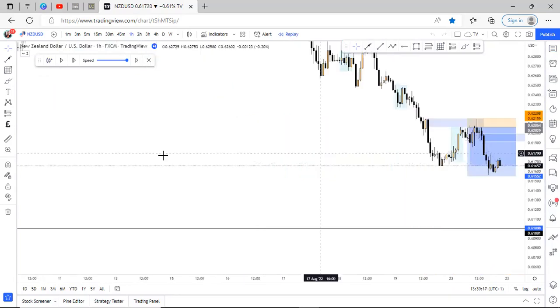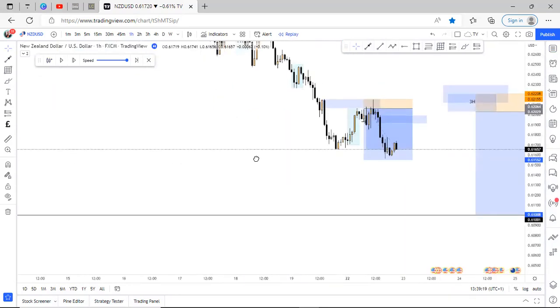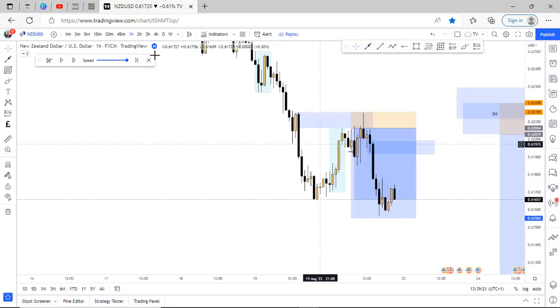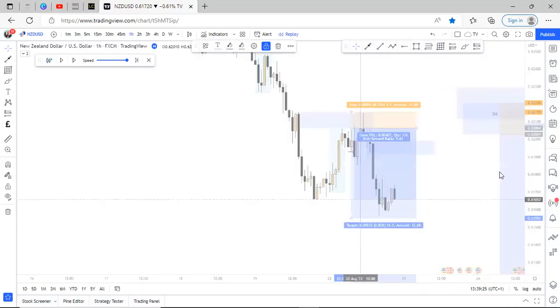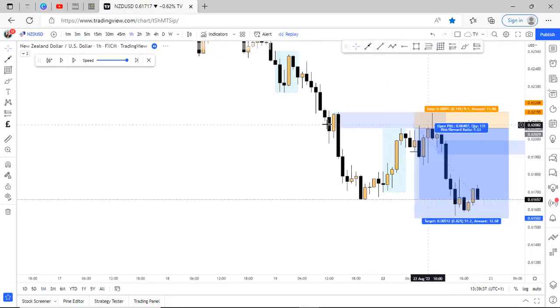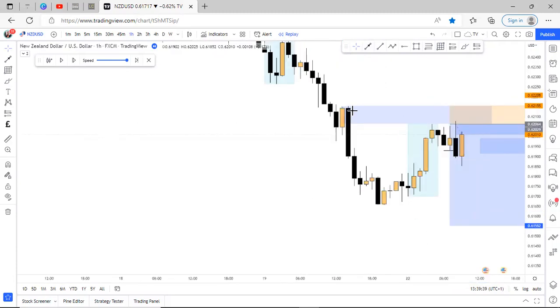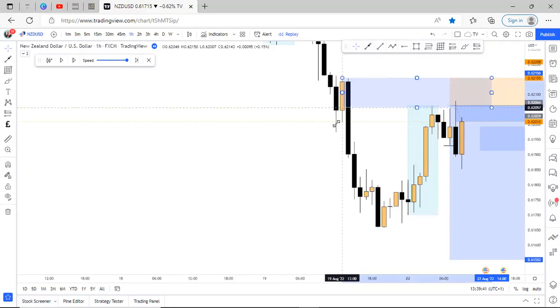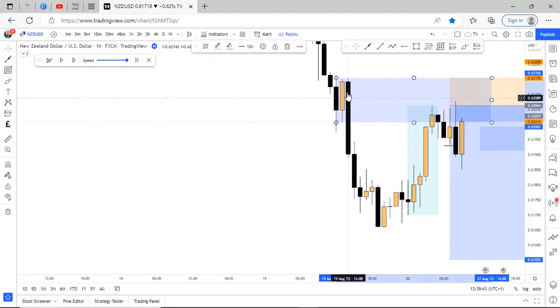So as you can see on this 1 hour time frame, price printed this supply zone.